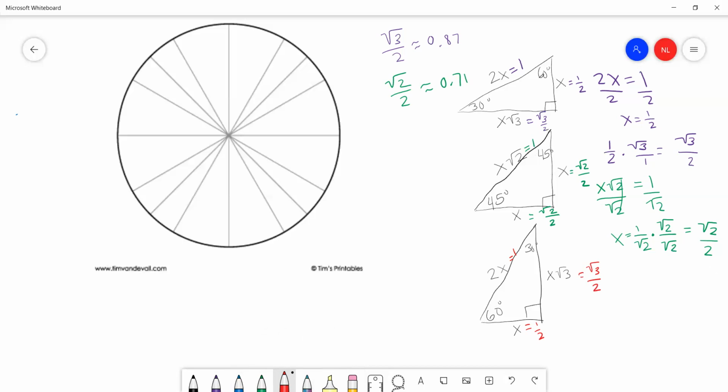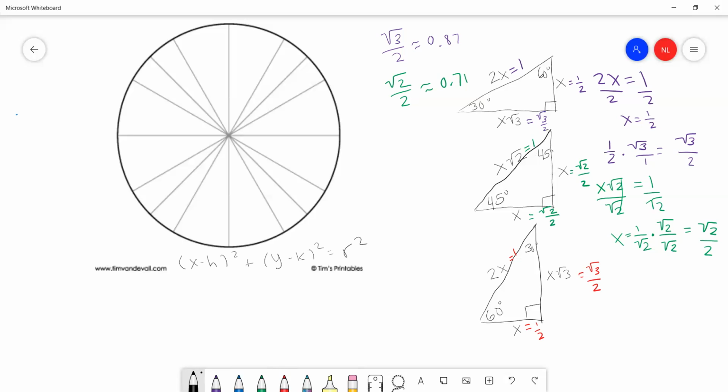All right, now let's come back over here to our unit circle. Now remember, a unit circle is a circle with a radius of 1. So what is your equation? Well, my equation for a circle is going to be x minus h squared plus y minus k squared equals r squared.